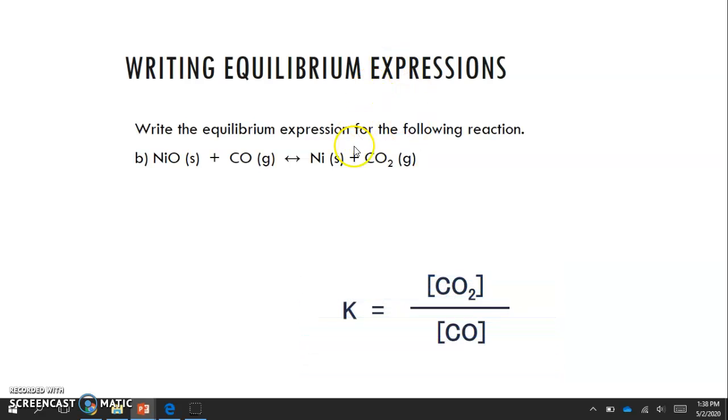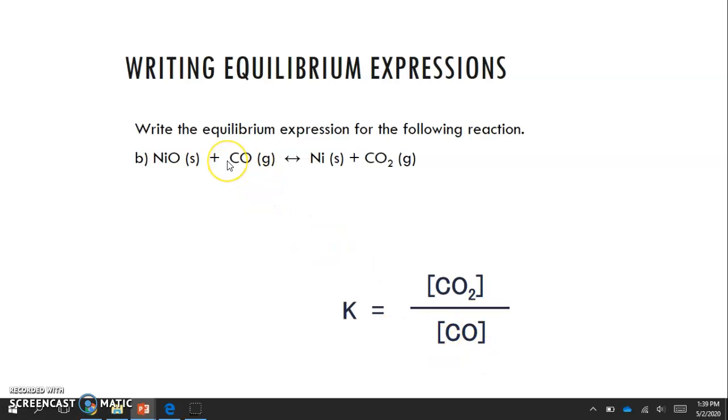There is no coefficient, right? So there's no exponent. So we just need to put carbon dioxide in our brackets to indicate the concentration. And then if we go to our left to find our reactants, we put our carbon monoxide again in brackets to show the concentration.